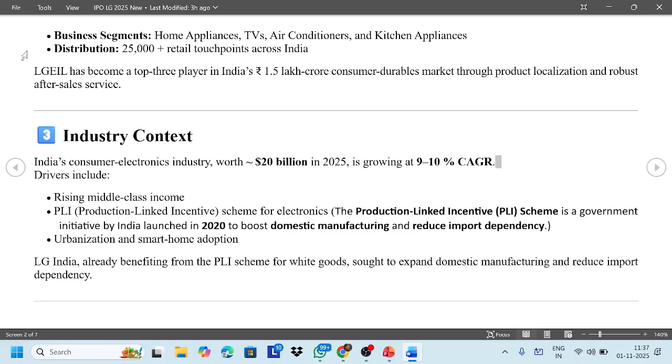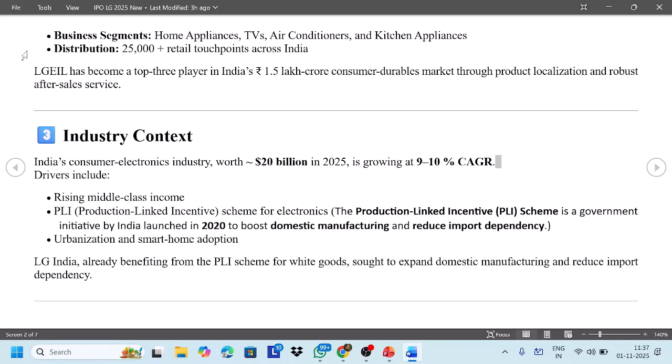We can go to the third listing. Industry context. India's consumer electronics industry, worth $20 billion in 2025, is growing at 9 to 10% CAGR.